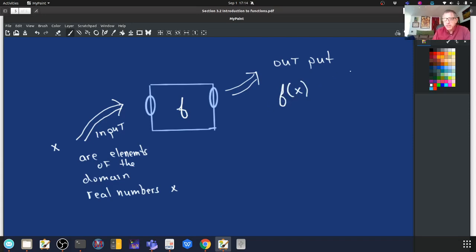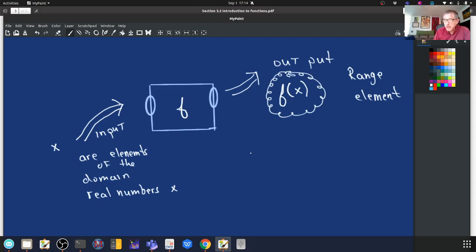So the output is going to be range elements. So I enter in elements from the domain of a given function, and it transforms those values, and it outputs them in the form of x transformed by f. And those are elements of the range.